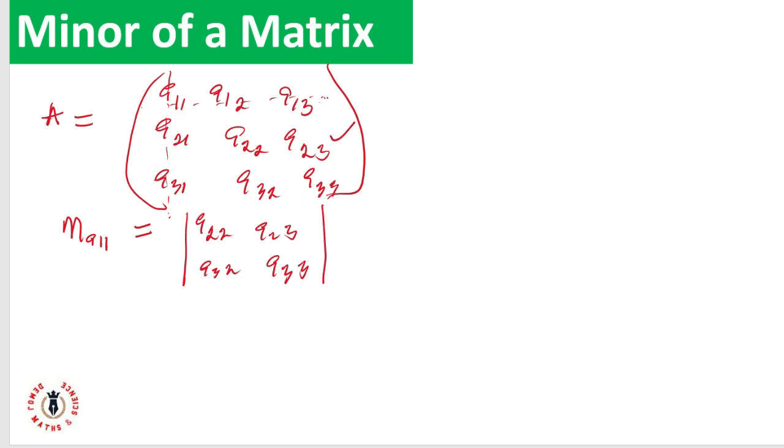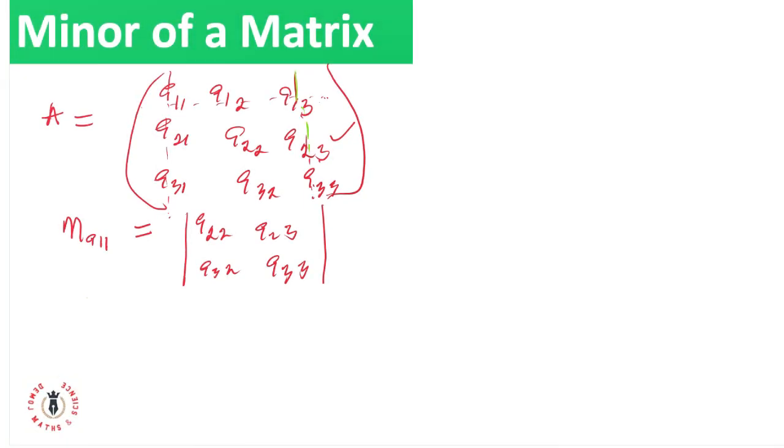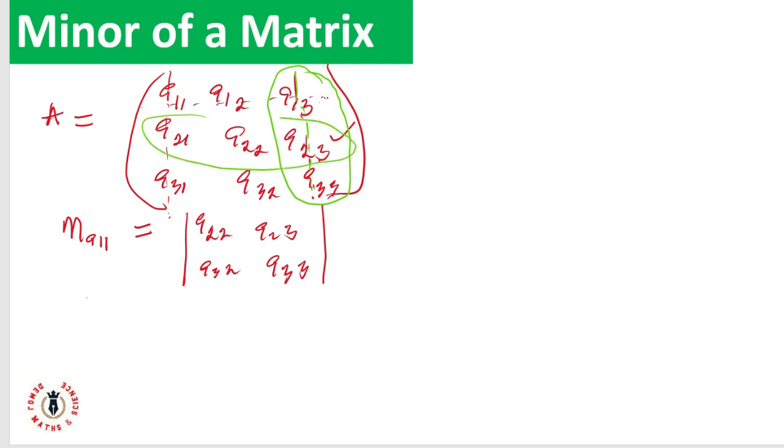Also, let's look for the minor of A23. Now, if you look at A23, A23 is on the third column, and also on the second row. So the items I have left out are A11, A12, A31, and A32.